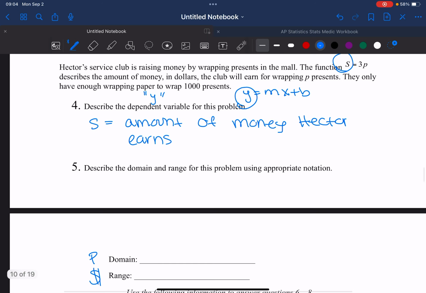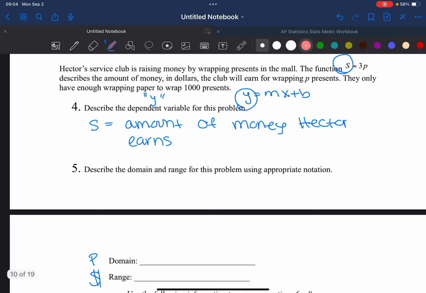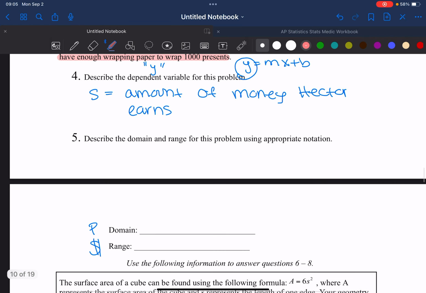So if we go back to the problem, it says they only have enough wrapping paper to wrap 1,000 presents, meaning they could wrap 0 presents and they can wrap 1,000 presents. They can't wrap less than that because you can't wrap negative presents, and they can't wrap more than 1,000 because they only have enough wrapping paper for 1,000.